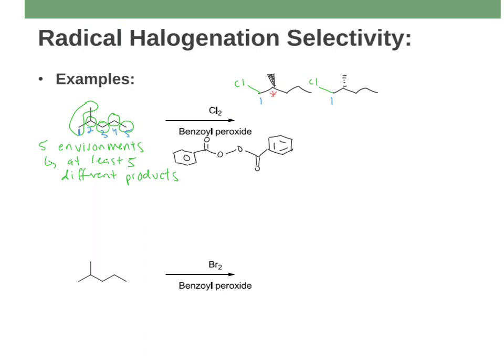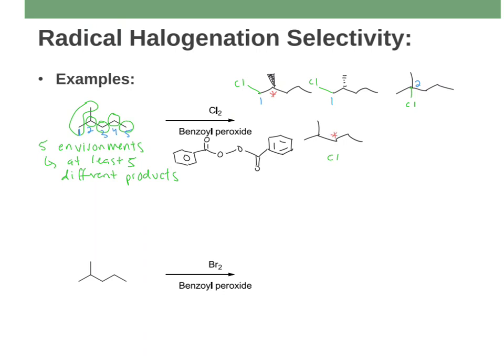Now I could put a chlorine on carbon 2. That's a little simpler just because that doesn't create a new stereocenter. So I don't have to worry about drawing 2 stereoisomers for that. So carbon 1, carbon 2, check, check. There is carbon 3. But if I put a chlorine on carbon 3, that's going to form a stereocenter right here.